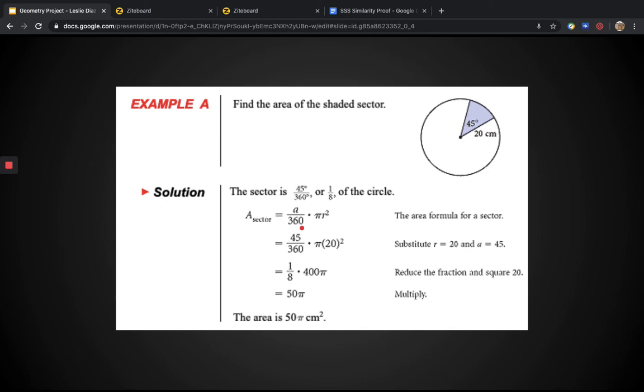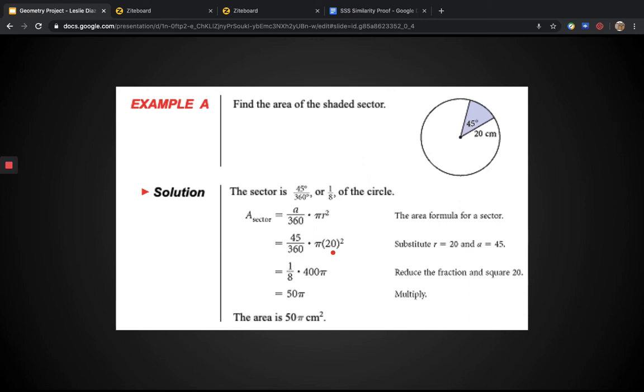And we're going to multiply that by pi r squared in order to get that fraction of the whole area of the circle. So we set up our equation, replacing the arc measure A by 45, dividing it by 360, and then we do pi r squared, or pi times 20 squared, because 20 is our radius.